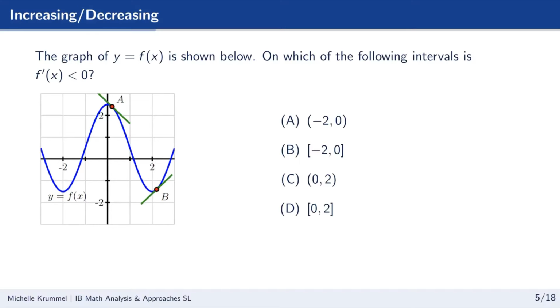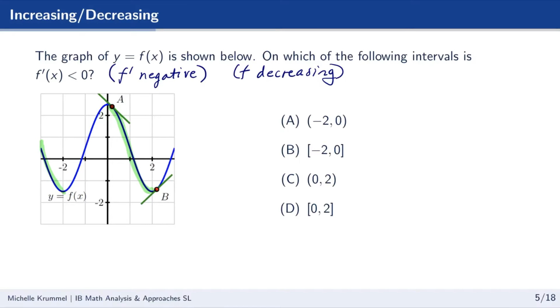Now on which interval is f prime less than 0? So negative. That's the same as asking where is f prime negative? And that's the same as asking where is f decreasing? So where is f decreasing? Well, f is decreasing on this part of the graph here, and then this part of the graph right here.